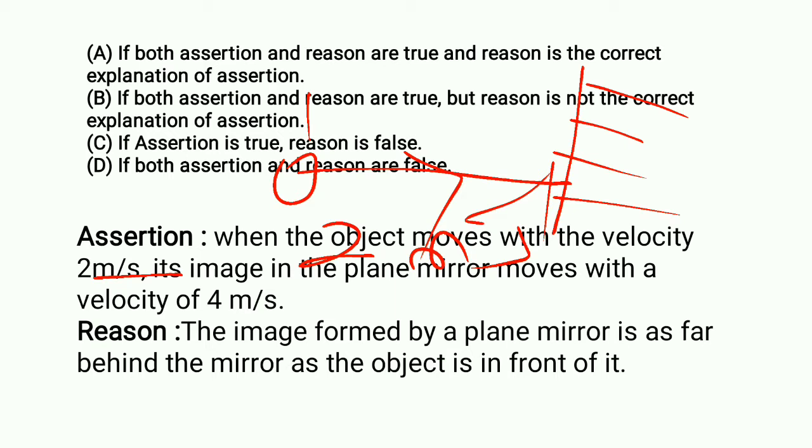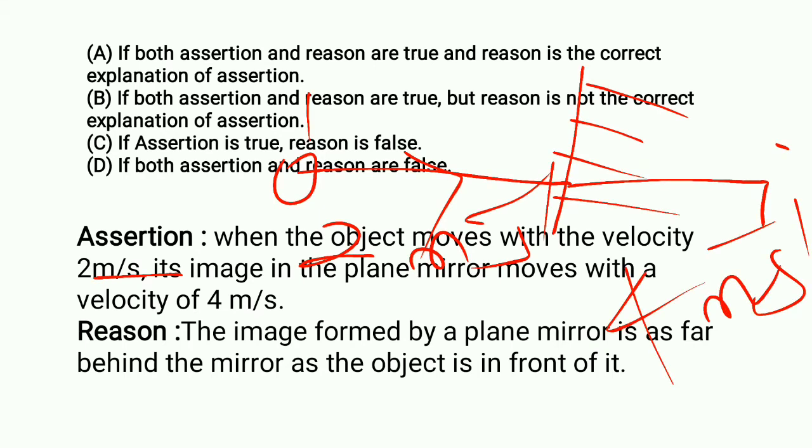And here is the image, and as we know the image is at the same distance from the mirror as the object, but the velocity will be double.